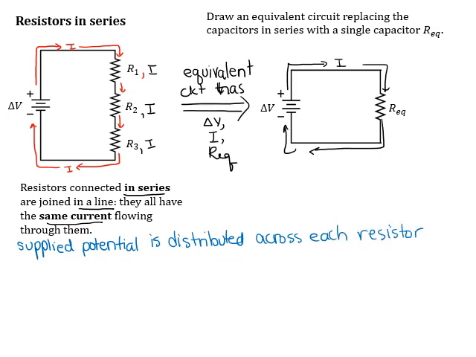And since we're assuming the wires have no resistance, all of the potential is distributed across the three resistors.